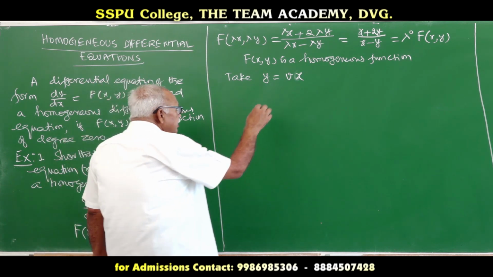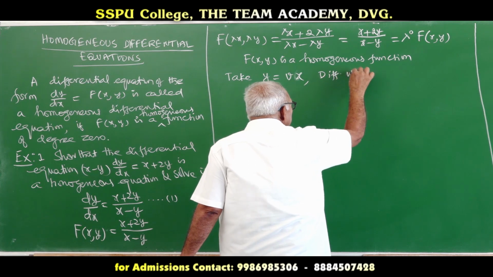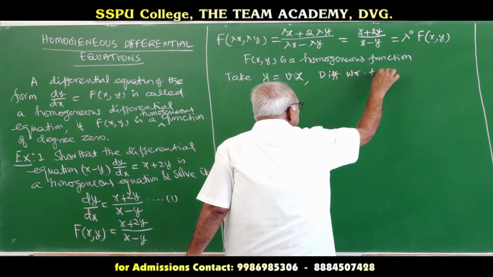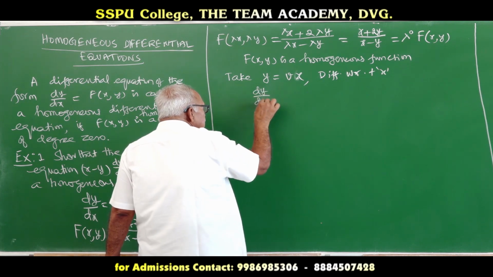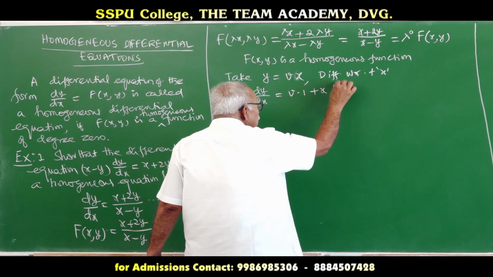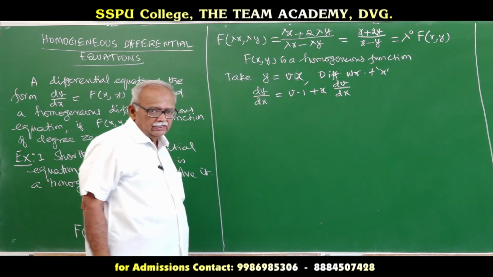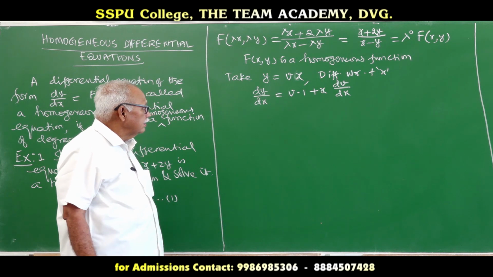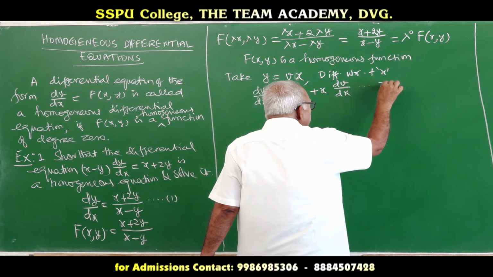Now, differentiating this with respect to x, we get dy by dx is equal to v into 1 plus x into dv by dx. Take this as equation 2.